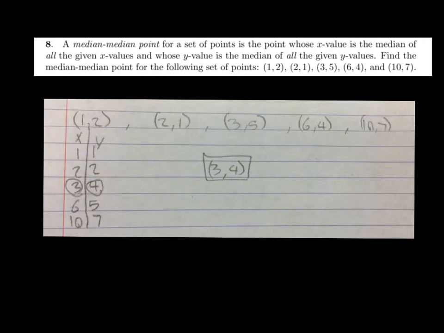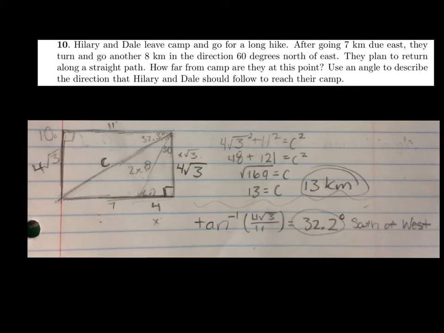And you want to put it in least to greatest, even though it's not set like that. And then the middle ones are the answer, because that's in the middle. So your median point is what? So your median point is 3, 4.